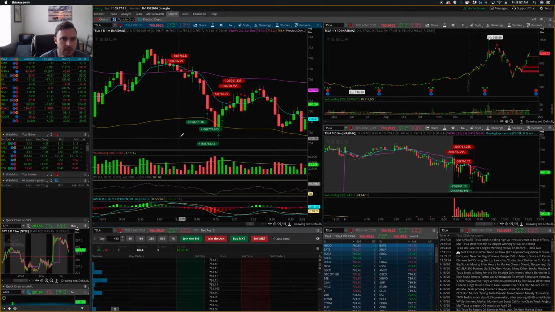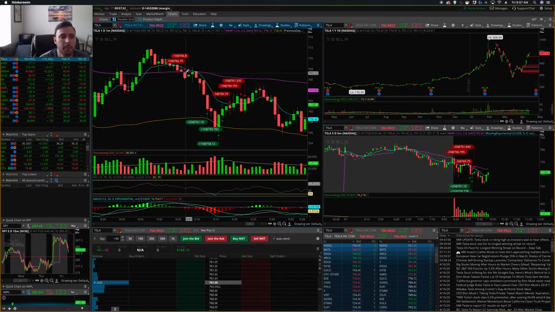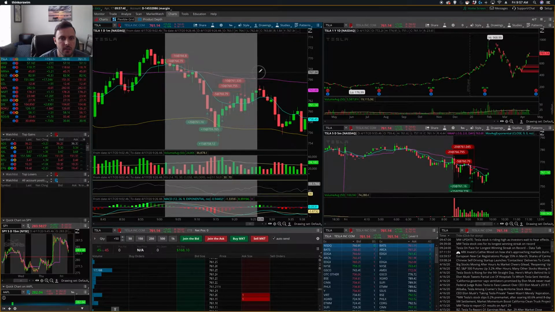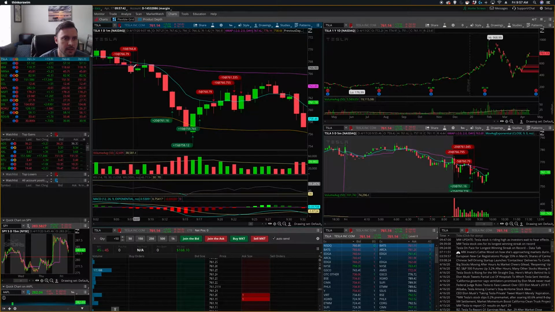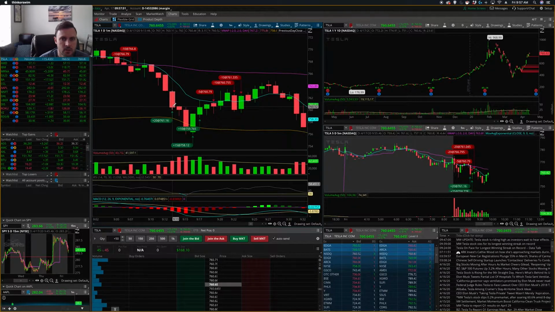At the same time, it's also crossing VWAP. So when it crosses VWAP, it often continues to go down, and so that's what we took our trade off of. You'll notice we sold short right here and here, and then we watched it, and sure enough, there it goes down and we covered the short right around here.